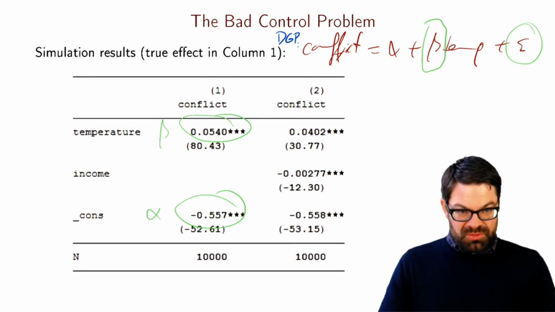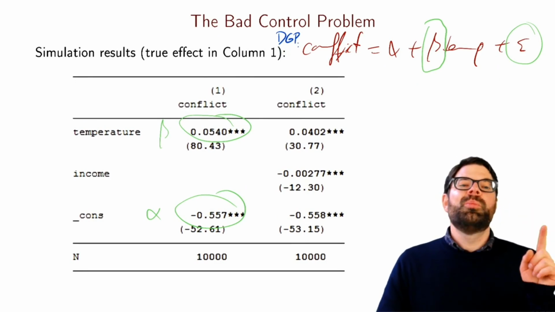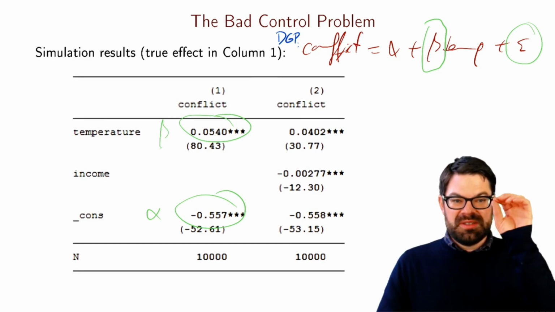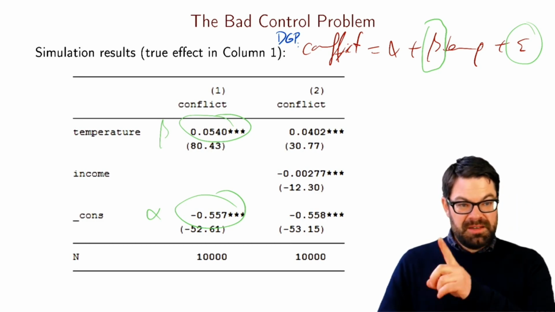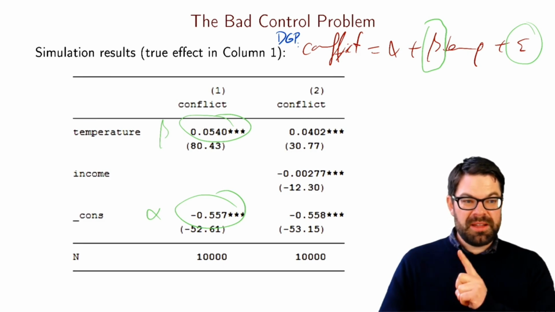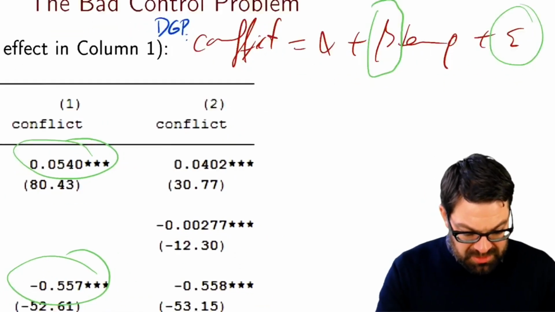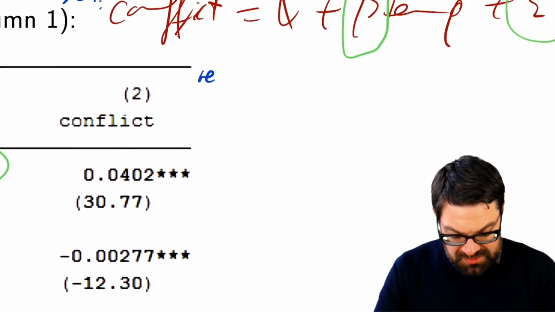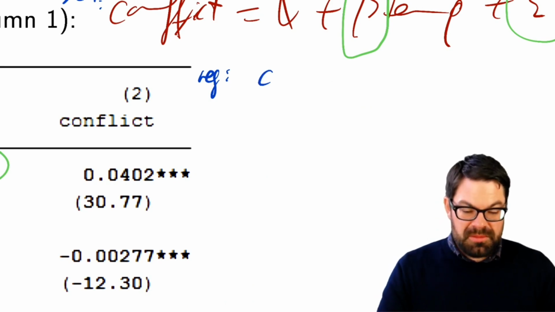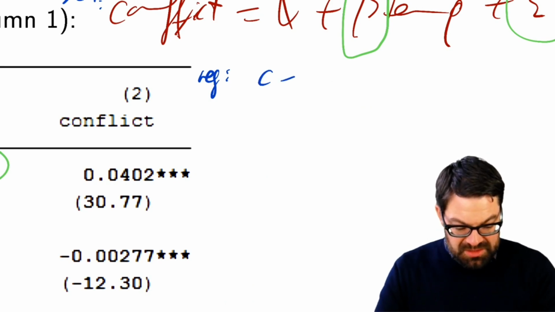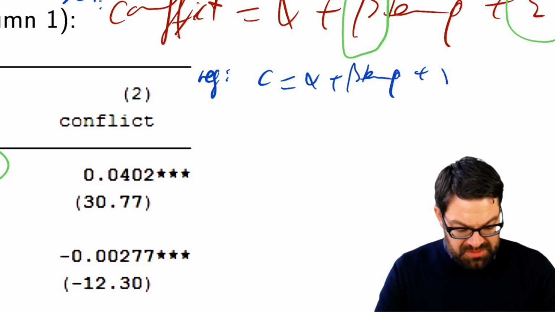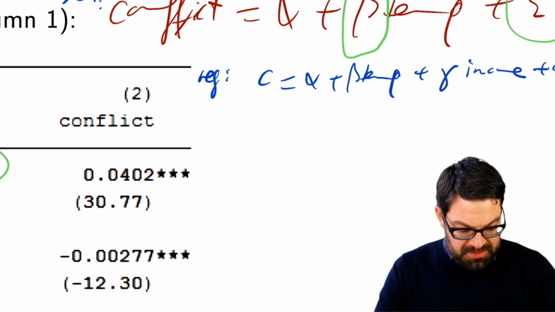In column 2, we do the same thing, but we simulate this data generating process 10,000 times as well, but now we run a different regression. The regression we run is the following. I'm just gonna use the abbreviation C. C equals alpha plus beta temp plus gamma income plus epsilon.